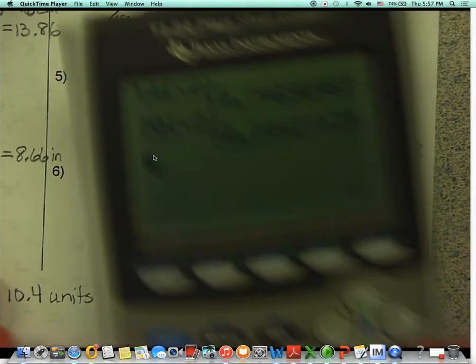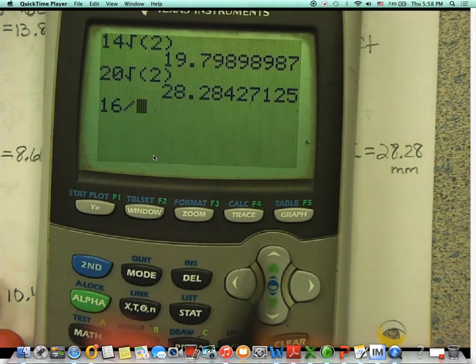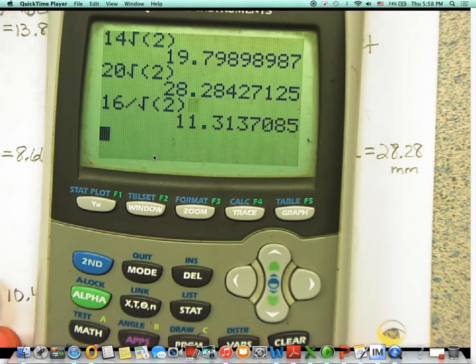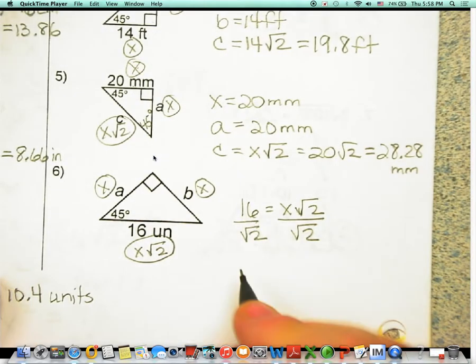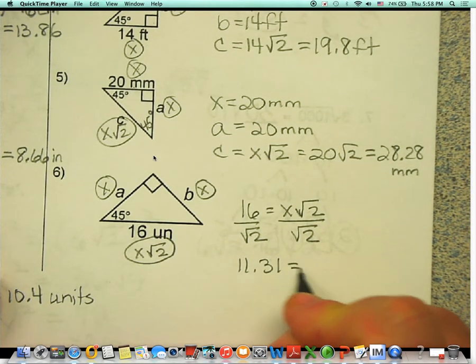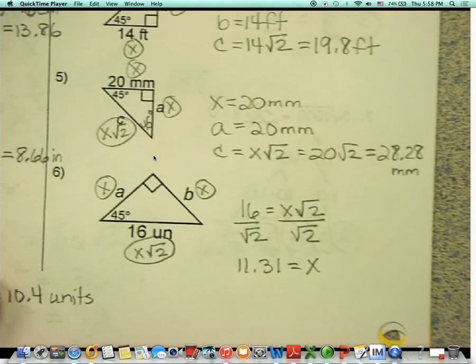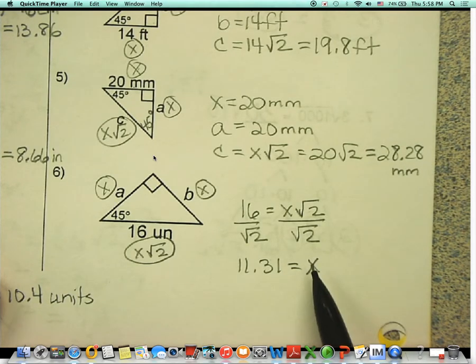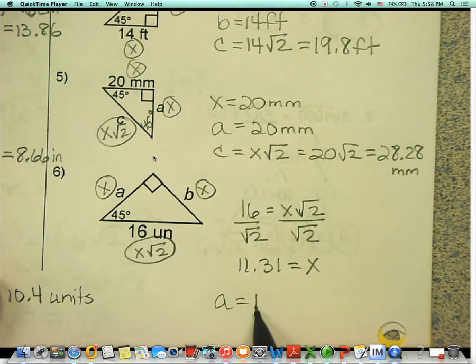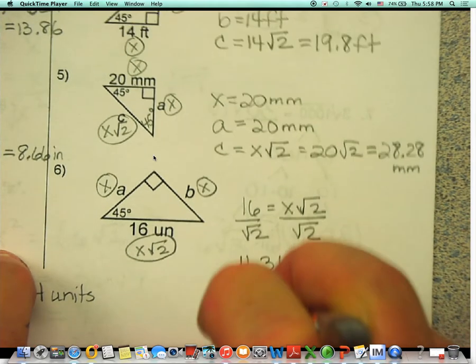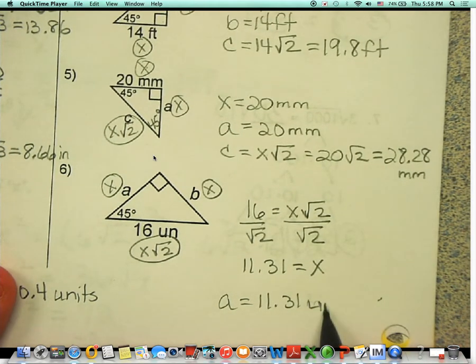So 16 divided by square root of 2 is 11.31. 11.31 equals x. So then we can find a and b, and actually we already know a and b because a and b are equal to x. So a is 11.31. No, this is in units again. It means it can be any kind of units. And b is also 11.31 units.